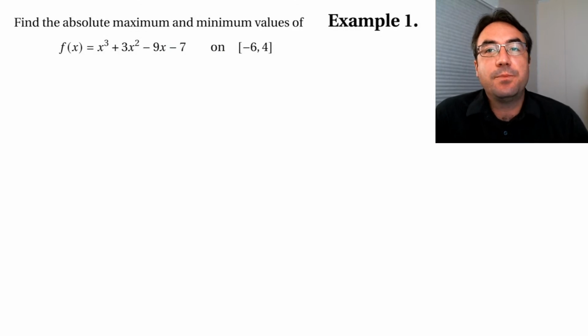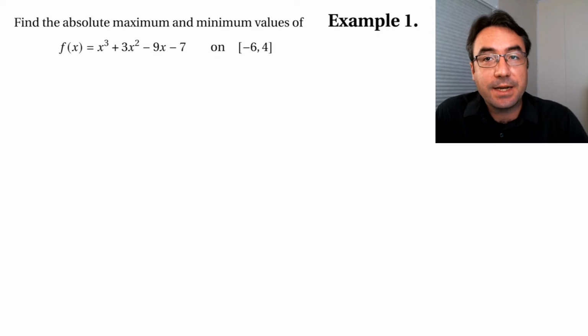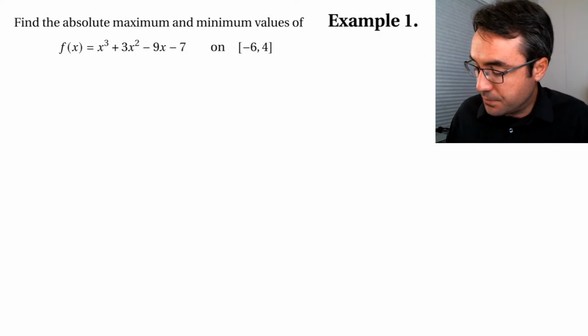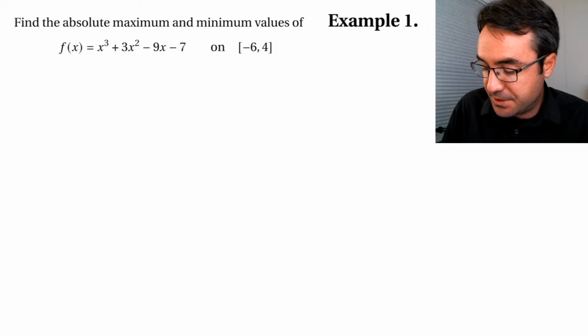Let's find the absolute max and the absolute min value of the function x cubed plus 3x squared minus 9x minus 7 on the closed interval from -6 to 4. First thing, we just want to verify that f is continuous.